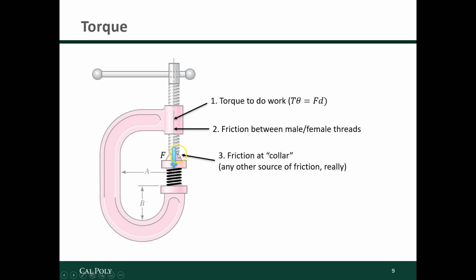So there's going to be a rotation at this interface between the silver gray and the pink. So there's going to be friction there as well. So it's not just between the male and the female threads. There's also going to be friction here that we have to overcome. So a certain amount of torque is required to do the work. We also have 2 components of friction that we need to consider.